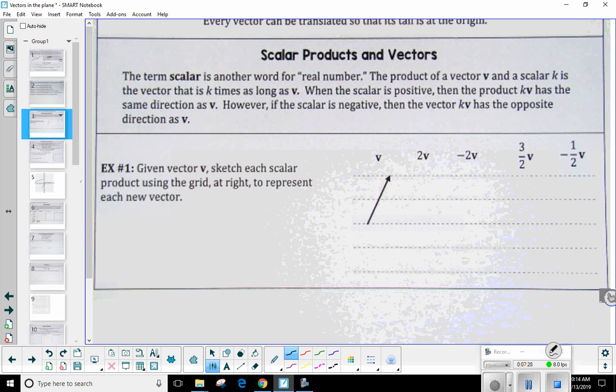So here, with this particular example 1, we're talking about magnitude being the length of the arrow, the actual length of the vector. Can anybody give me an example of how you've probably seen vectors in the real world? You may not have realized what they were. Has anybody ever watched the news?